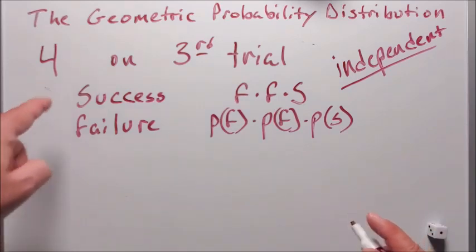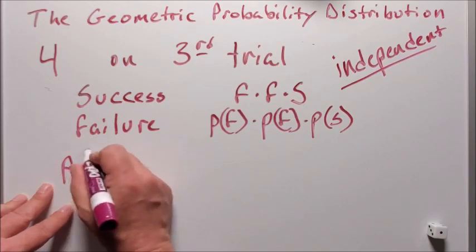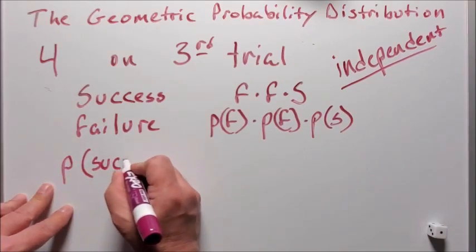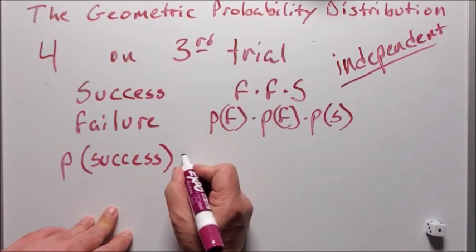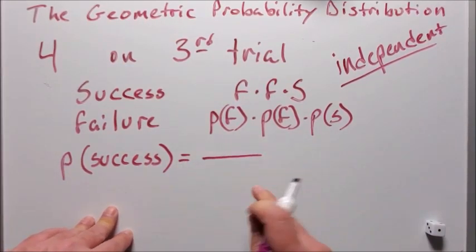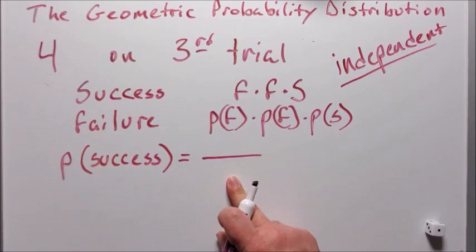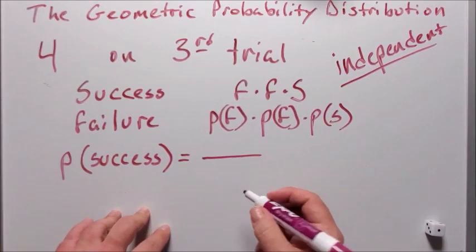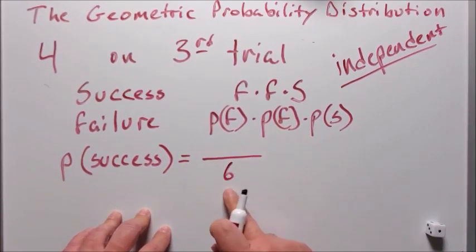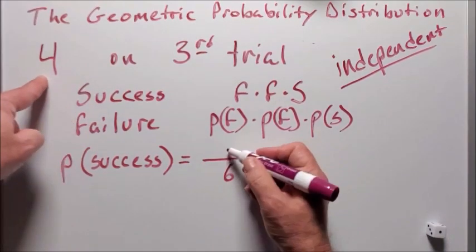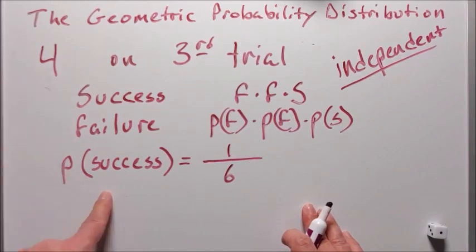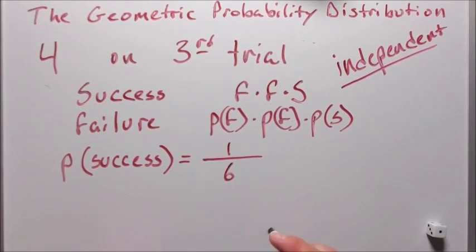Well, our probability of success in this case is the probability of a 4. Being very careful in defining the sample space first, even though this is an easy question for us now. With the dice, we have 6 equally likely outcomes if the die is fair, and the 4 represents one of those. So our probability of success is 1/6.